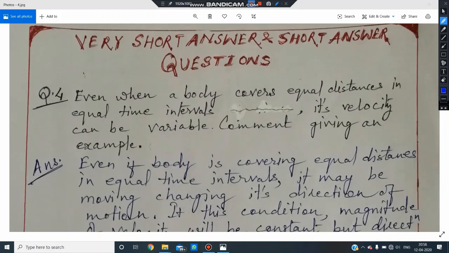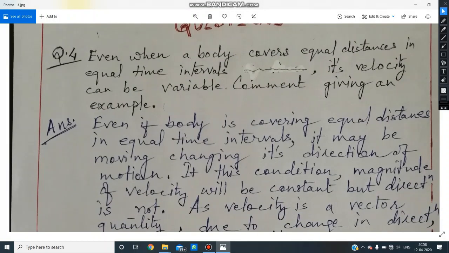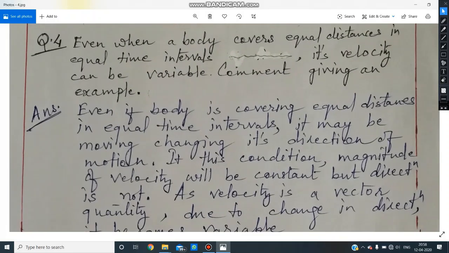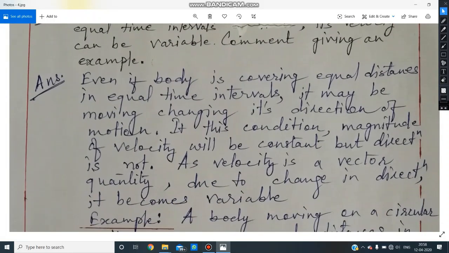Now, the next question is, even when a body covers equal distances in equal time intervals, its velocity can be variable. Comment, giving an example. Now, in this situation, we first have to determine whether it is possible or not possible. We know that velocity is a vector quantity.